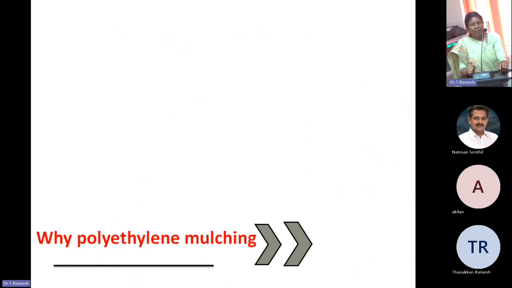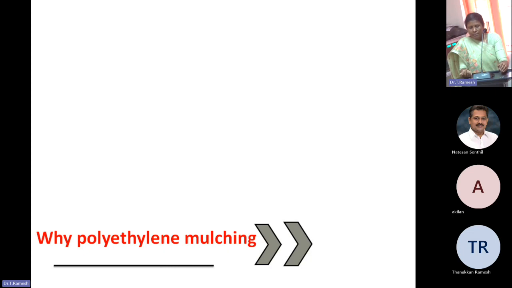Wherever water is available, they want to go for paddy, banana, sugar or crops like that. So with the least water, they are growing cotton. That is the main reason for this low productivity.